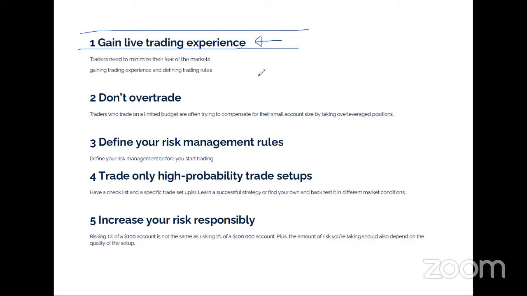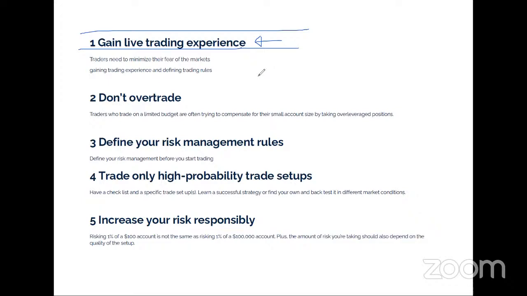So when you do start to use your live account, after you've proved yourself on a demo account, trade very small size, really small size. Trade very infrequently, but make absolutely sure you know why, where, and when to enter a trade.